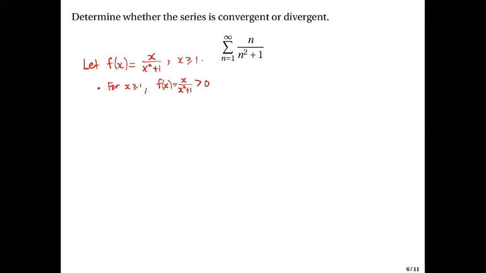Definitely x squared plus 1 is always positive, and you are only considering x greater than or equal to 1. So the x in the numerator will be greater than or equal to 1. Therefore, positive number divided by positive number is positive.